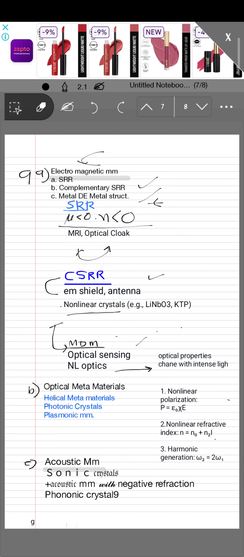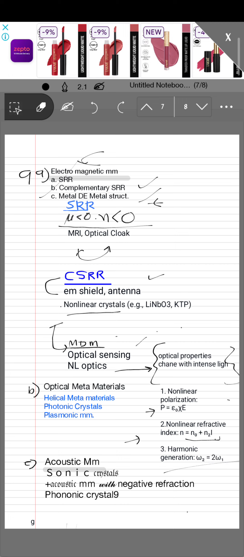What is non-linear optics? Non-linear optics is nothing but the optical properties changing with the intensity of light. This is known as non-linear optics. There are certain equations related to non-linear optics, like V is equal to epsilon chi E, and these are the two components of refractive index, and there is harmonic generation still existing.